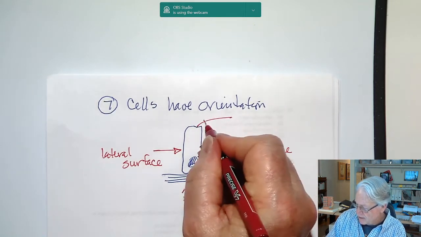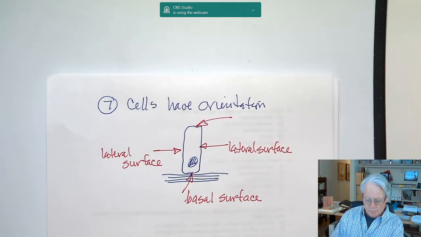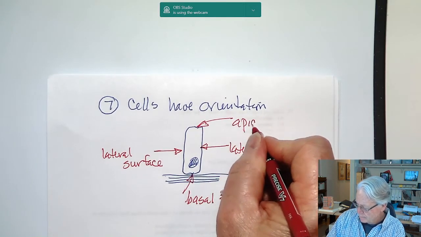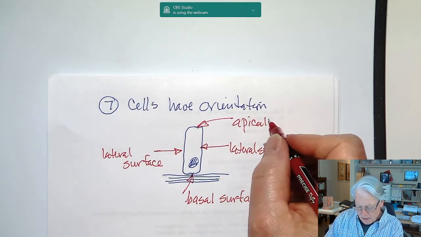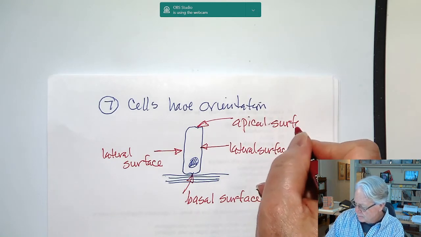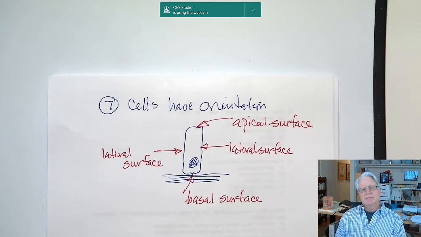And there at the top, we find the apical surface. Okay. So cells have that kind of orientation.